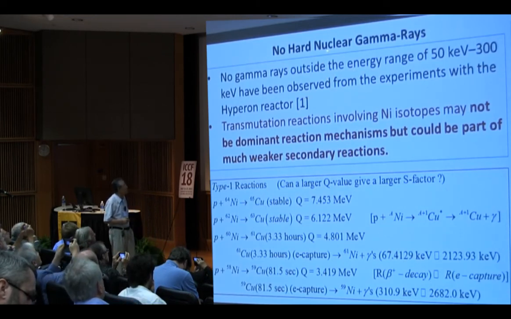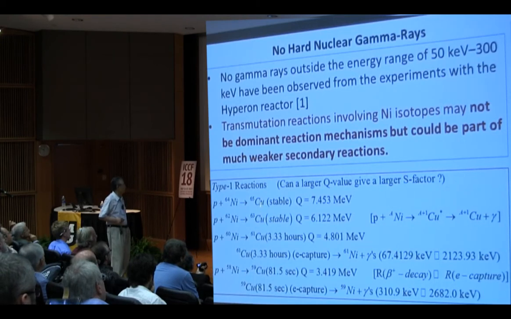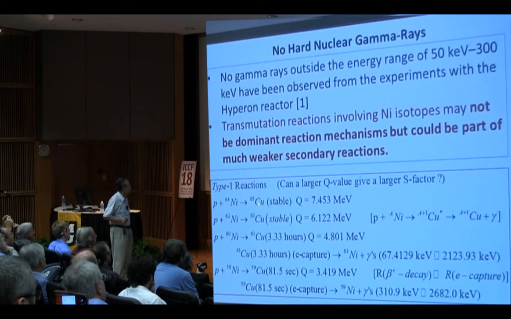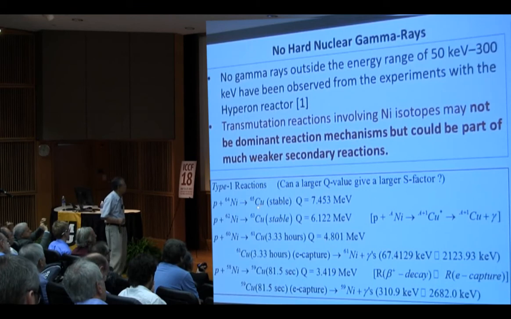Now, there are no hard nuclear gamma rays, and that's almost impossible if you are talking about this kind of one-particle final state. Even though this is stable, many others are not. Furthermore, even though this may be stable, it could go to an excited state of the stable nucleus, in this case creating a hard gamma.